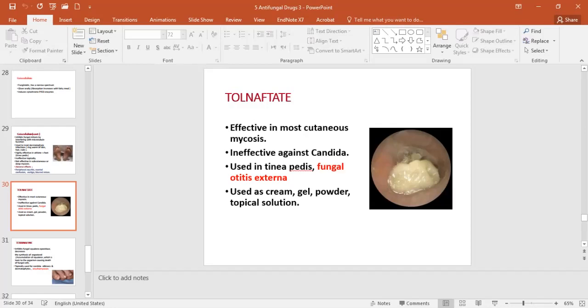Fungal otitis externa is common in swimmers, those who swim a lot and go to the pool daily. They get a fungal infection of the ear that appears as cheesy white material in the ear, as you can see here. So it's treated by tolnaftate drops. It also comes as a cream, gel, powder, or topical solution.